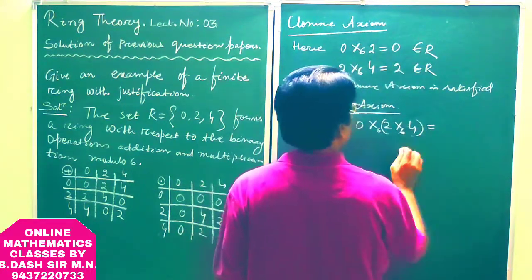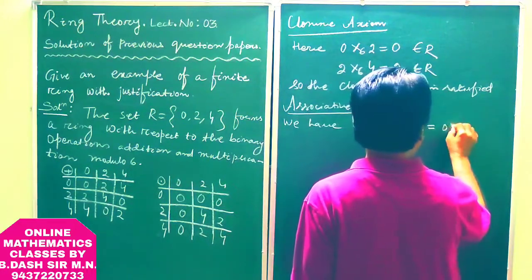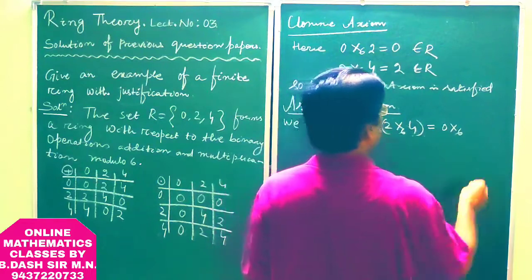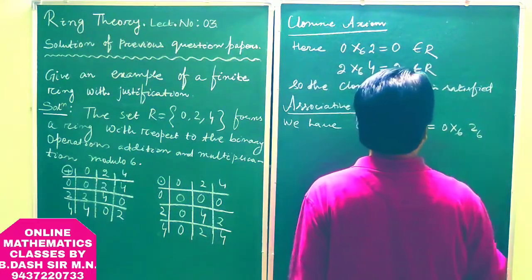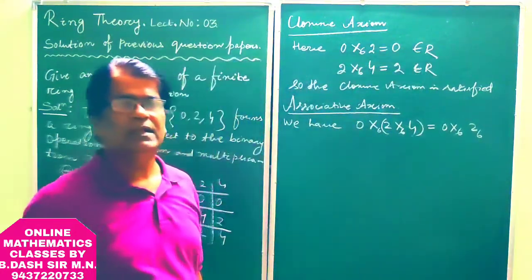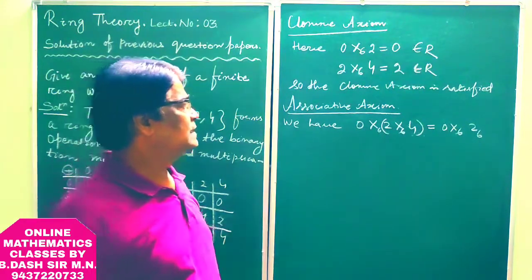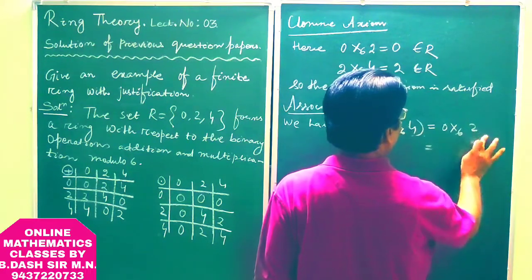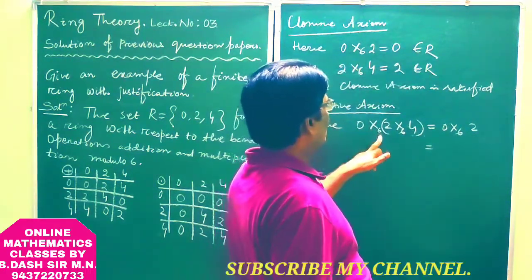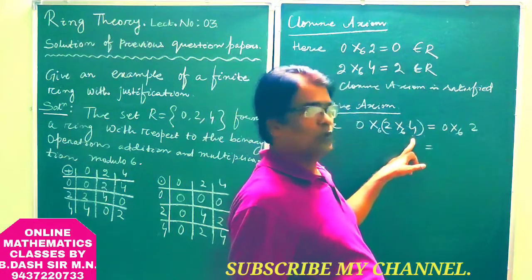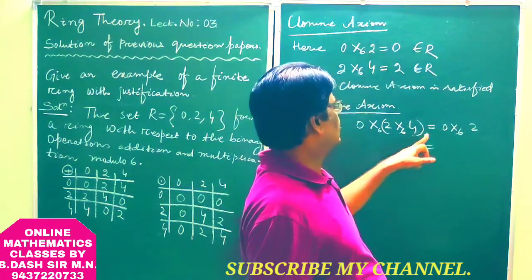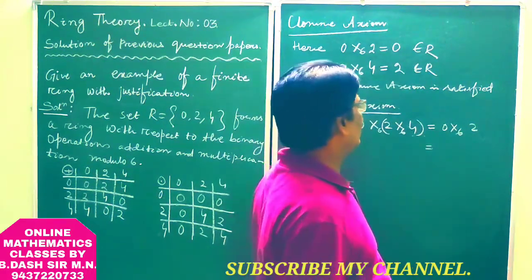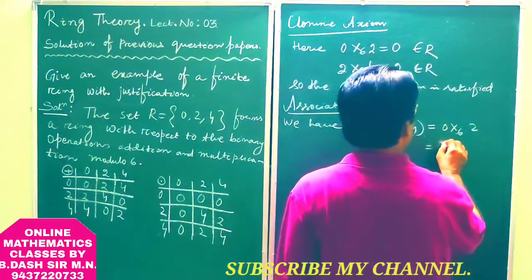This is equal to 0 into, this is 8, so it will be 2. After division with 6, it will give remainder 2, which is equal to 0. Now 0 into 2 into 4 with respect to modulo 6 is equal to 0. This is 2 into 4, 8, which will give us 2. So which is again 0.